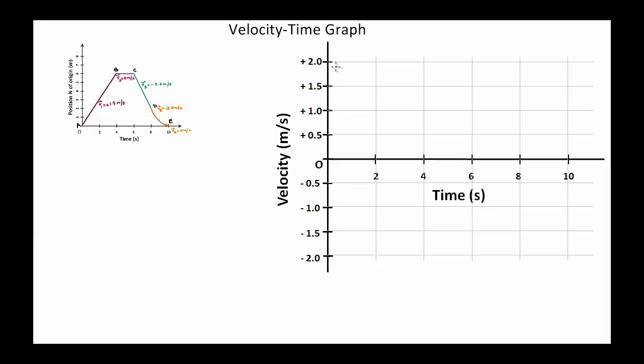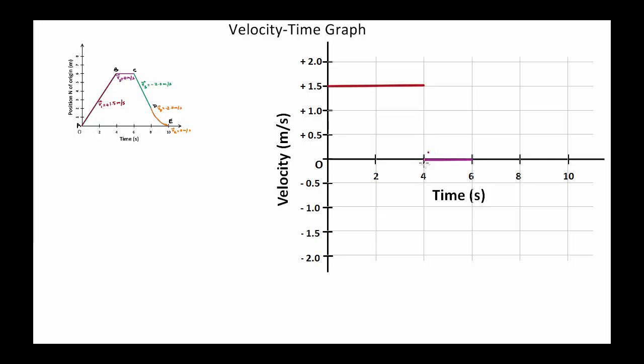So for the first segment, from 0 to 4 seconds, I had a constant velocity of positive 1.5 meters per second. So that looks on the graph like this, a flat line at 1.5 meters per second. Second, I had the object at rest from 4 to 6 seconds, which means its velocity was 0 meters per second. 0 for velocity lies right here along the x-axis, so my second segment would look like this.